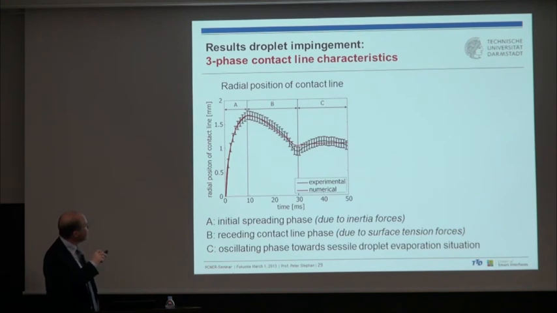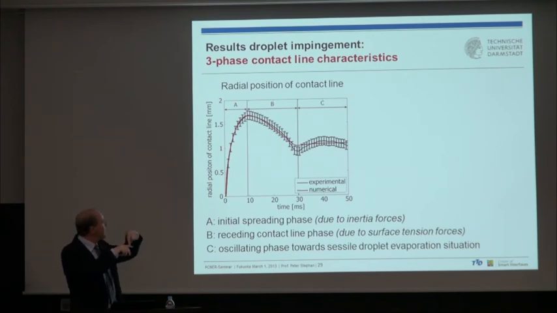We see that we have basically three phases of the droplet impingement event. First of all, I plotted the radial position of the contact line versus time. When the droplet hits, the contact line radius is 0, and then the droplet spreads. So you have an increase of the radial position of the contact line up to the maximum here for this droplet of about 1.5 millimeter radius.